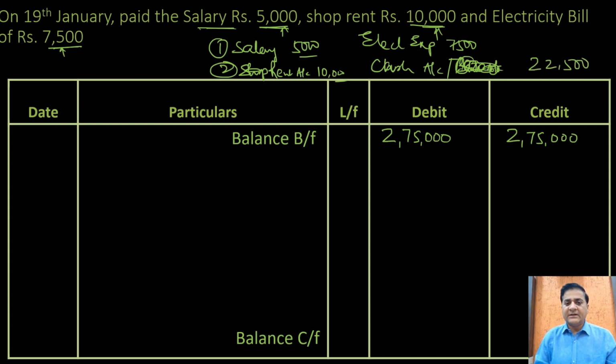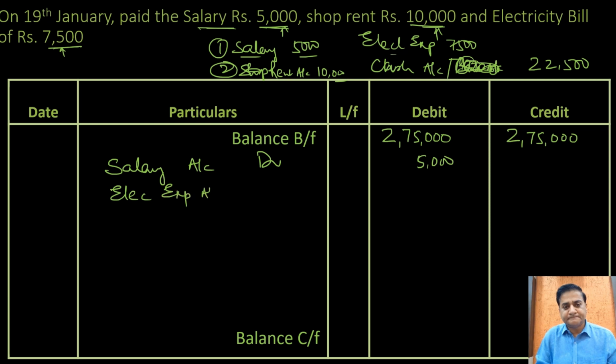Clear? So my entry would be, since these three are expenses and we know that all the expenses are debited when incurred, salary account debit with 5,000 rupees. Electricity expense account debit with 7,500 rupees.